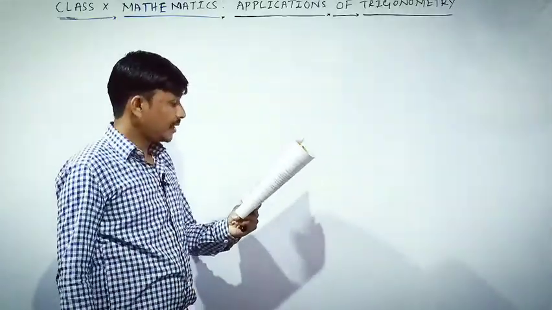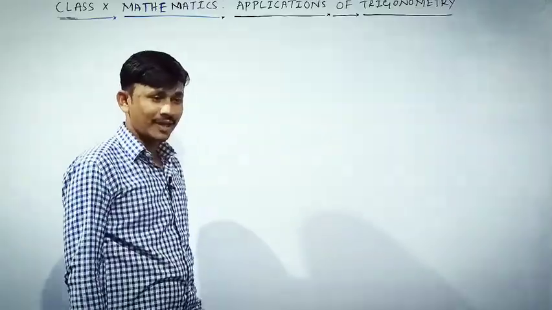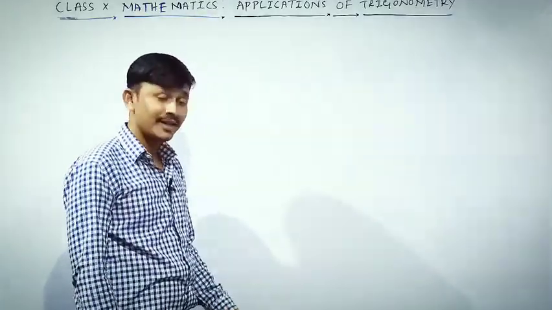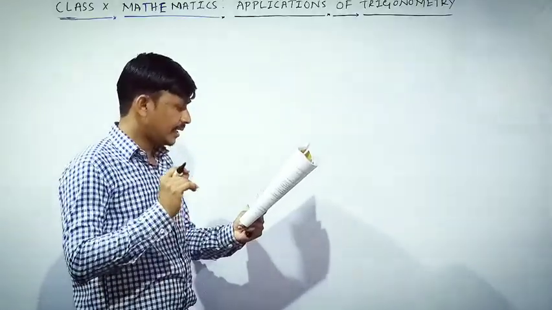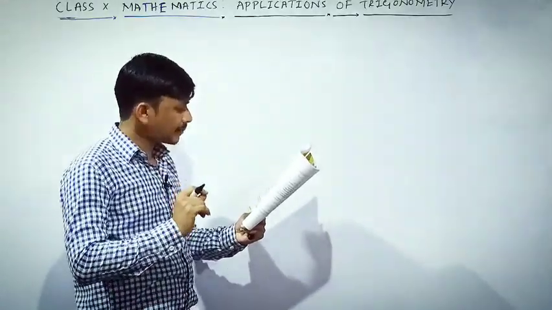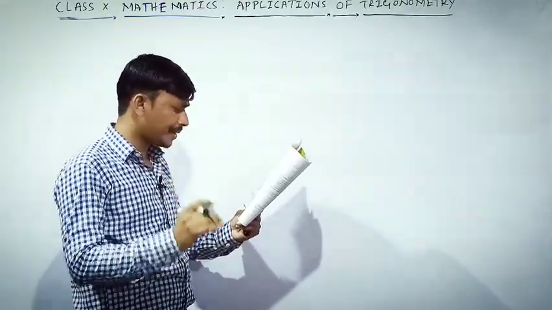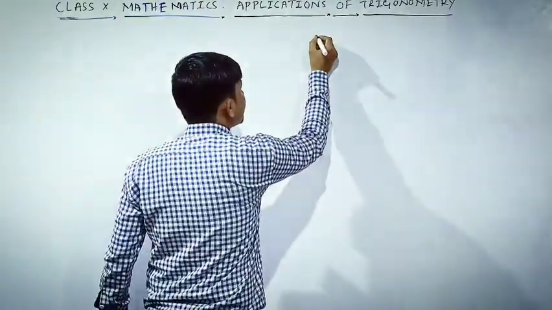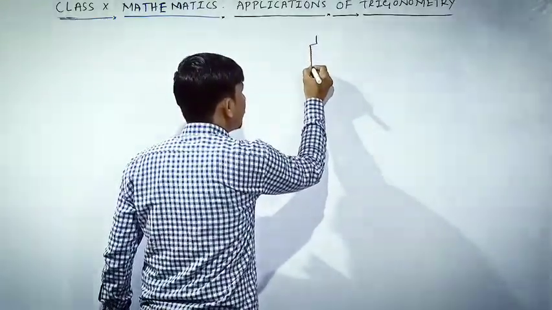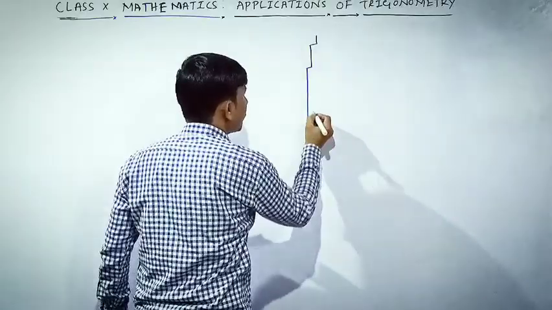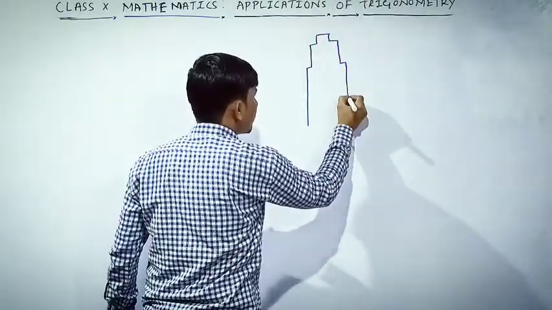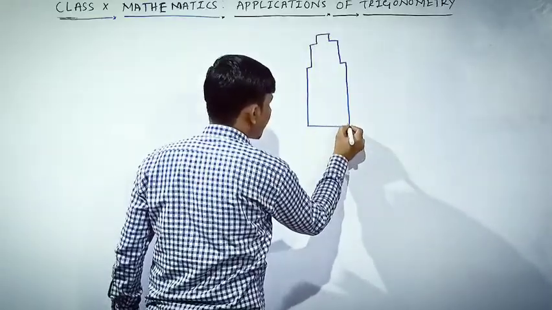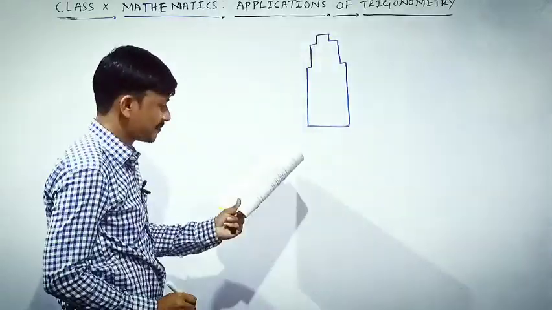Example number 3, an observer 1.5 meter tall is 28.5 meter away from a chimney. There is a chimney. Chimney means the thing which is emitting gases. This is the tower which emits gases in the karkhanes.